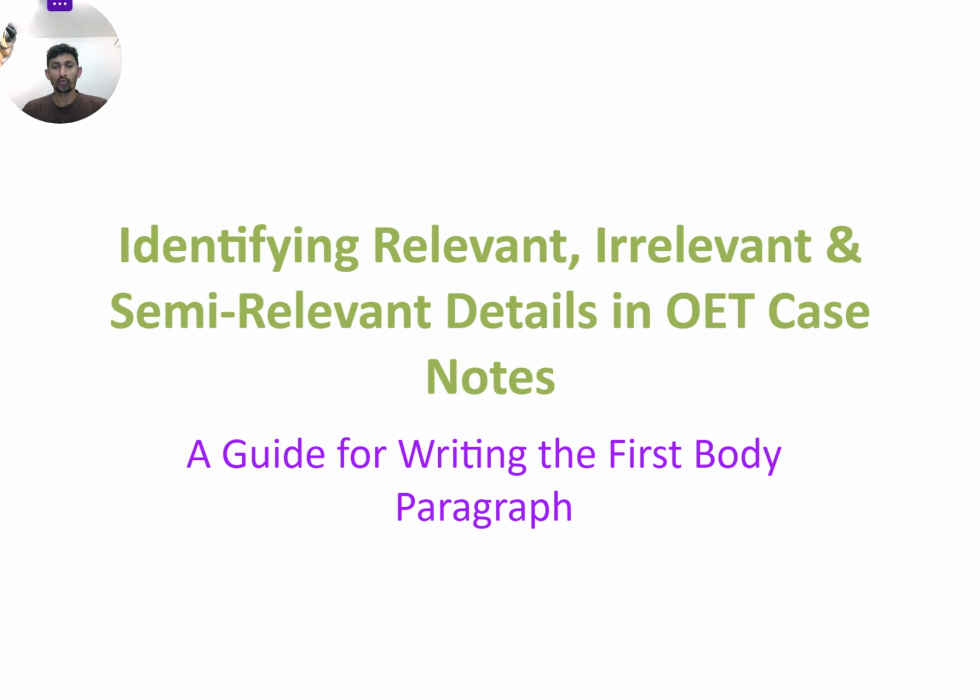For that, you have to identify relevant, irrelevant, and semi-relevant details in the case notes. That's just the guide for writing the body paragraph in your OET writing exam. Let's see how we can identify these relevant, irrelevant, and semi-relevant details in case notes.